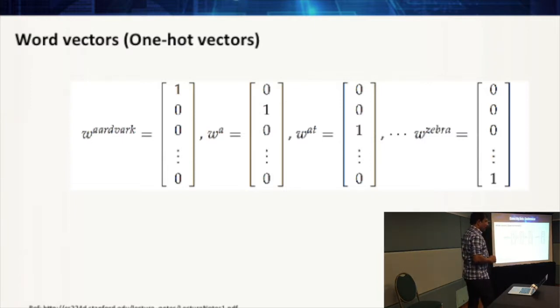That's one of the ways many people have used to create vectors. The reason this is often not preferred is that in a sentence, where a word appears also has significance.